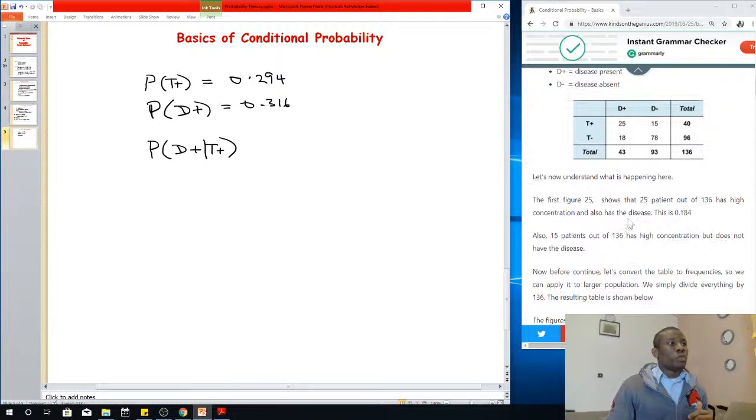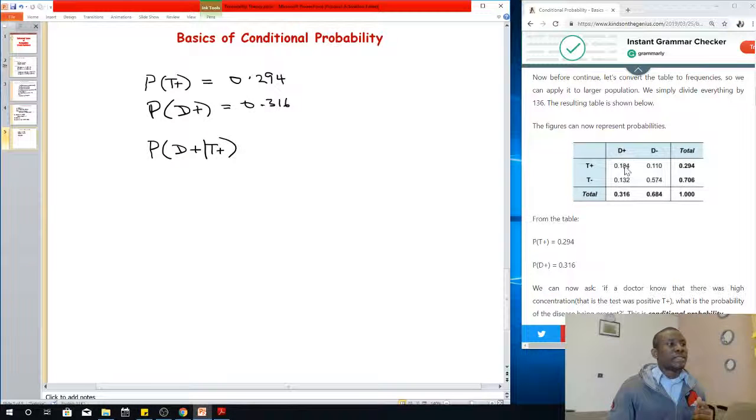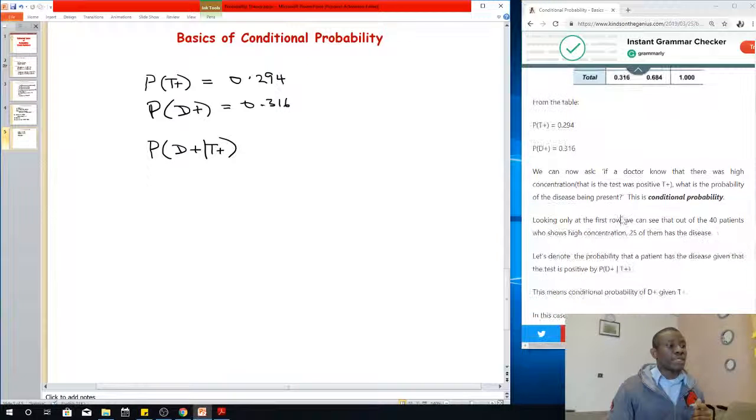From the table, we have probability of T plus, which is at this point 0.294, and probability of D plus alone is 0.316.